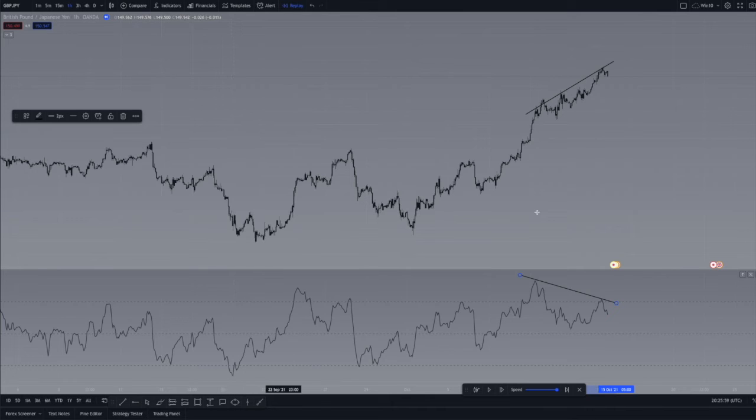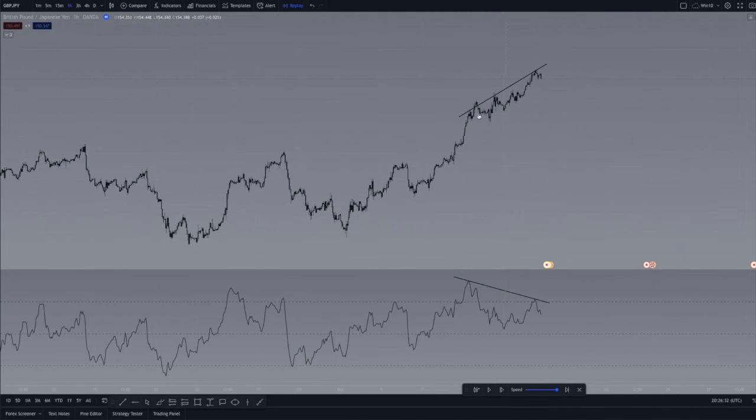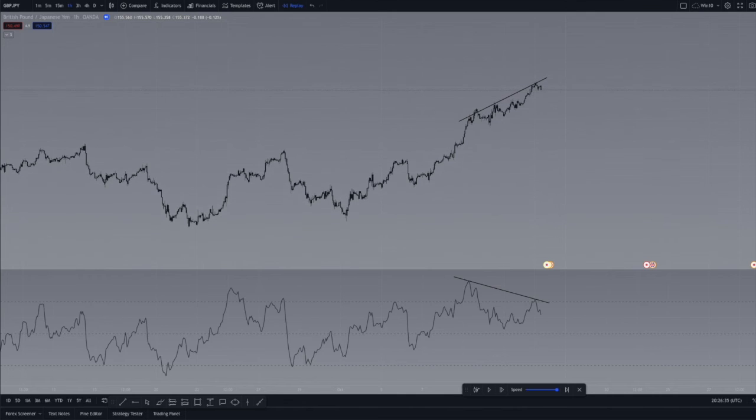Overbought just means the price is overvalued and should likely turn around, and the same with oversold: price is undervalued and likely should start moving upwards. As we see here, price is divergent. We have rising price action up here and a falling RSI down here, and it just means something is likely to happen. It doesn't have to, but something is likely to happen.